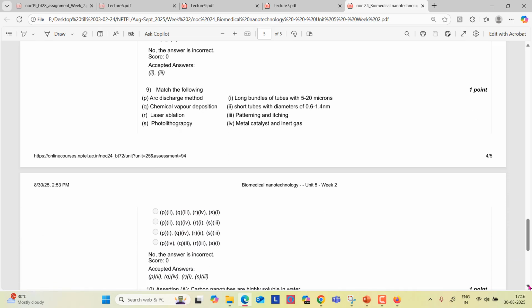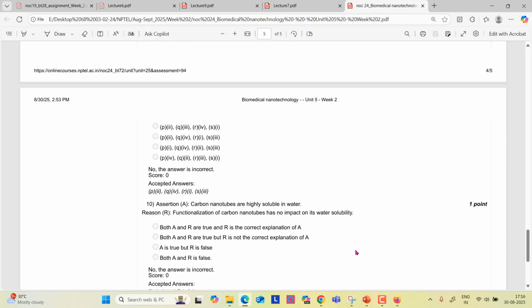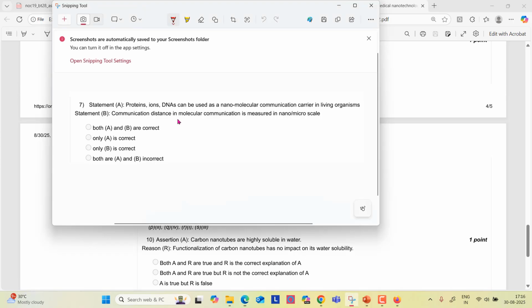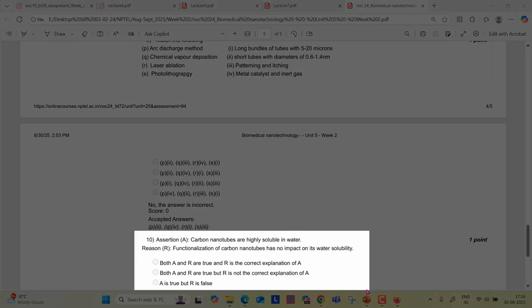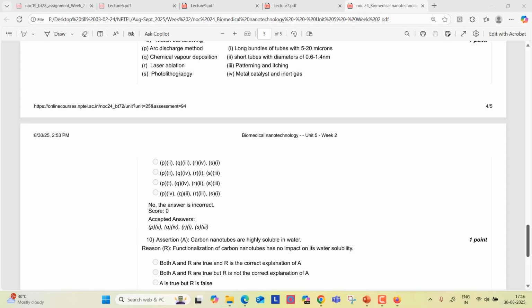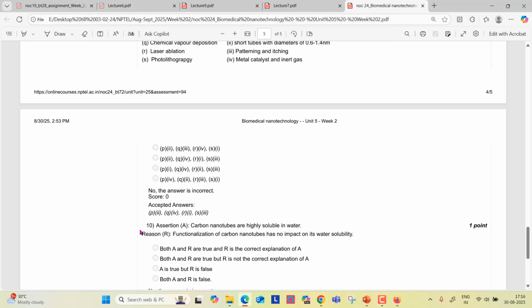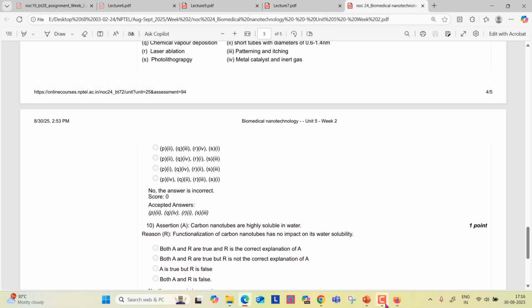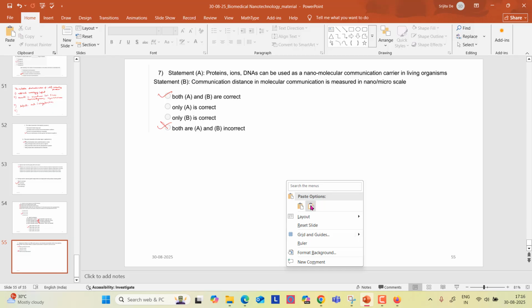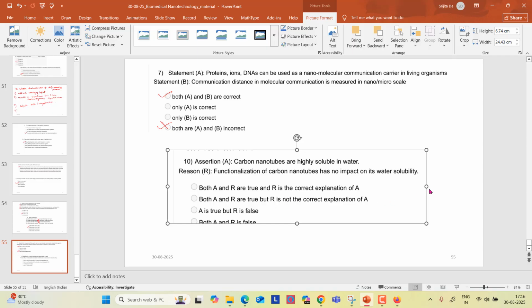The last question is about carbon nanotubes. The assertion: carbon nanotubes are highly soluble in water.